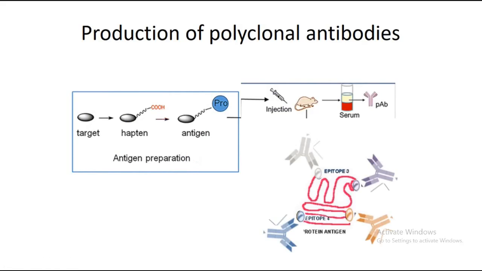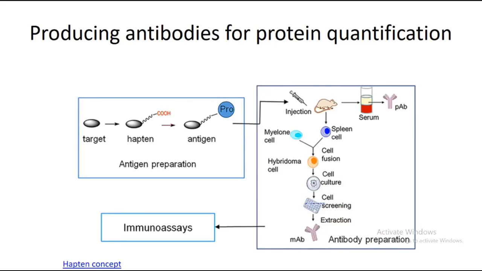Now, what if we want to isolate one of these individual antibodies specifically? So what we do is we go through the exact same process. We modify the antigen, we expose it to the animal. The animal then creates an immune response.